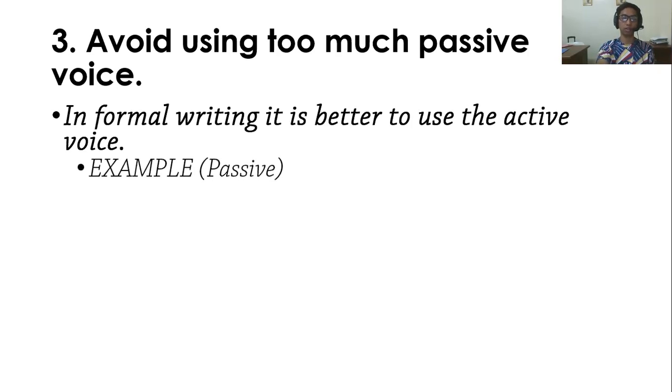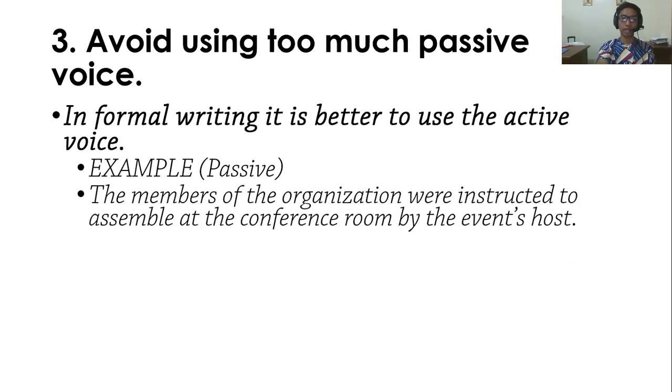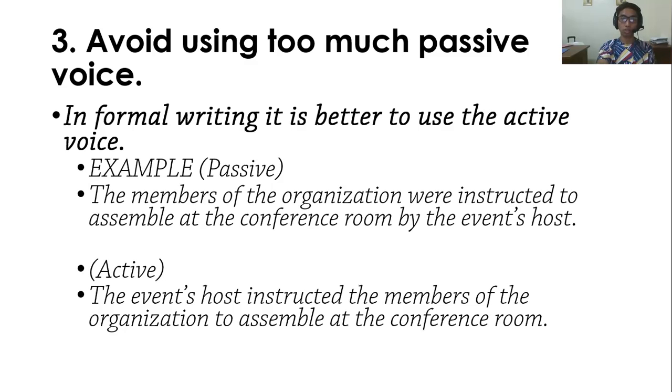For example, for the passive, we have: the members of the organization were instructed to assemble in the conference room by the event's hosts. For the active: the event's hosts instructed the members of the organization to assemble at the conference room.